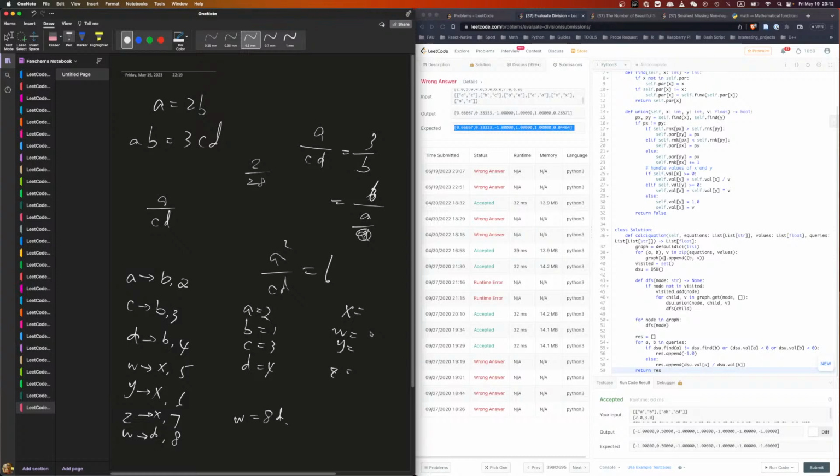So we do A to B, we get some value, and next one we do W to X, and then we set X equal to 1. Now what happens is when we do something, we have to update the value, right? We have to update the value. So here X is 1, W is 5, this is 6, this is 7.